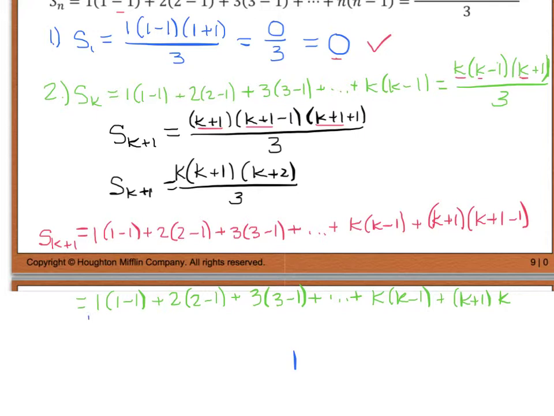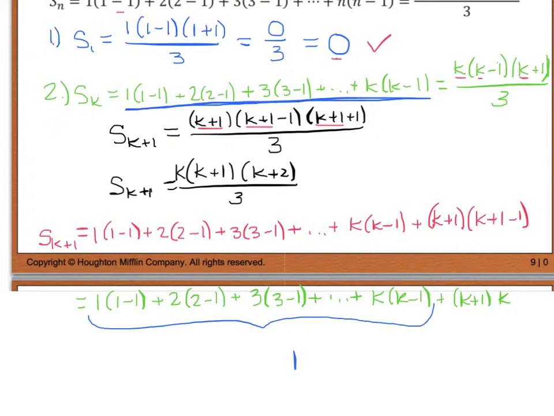So from here, if you look at all of this stuff right here, this is all equal to this first piece, which we called S sub k. So I can call all of this S sub k.